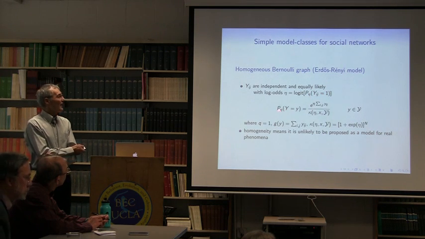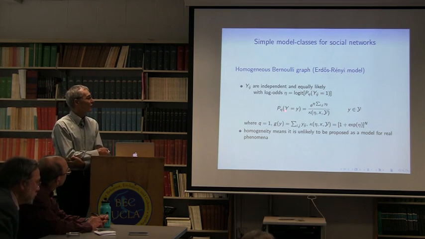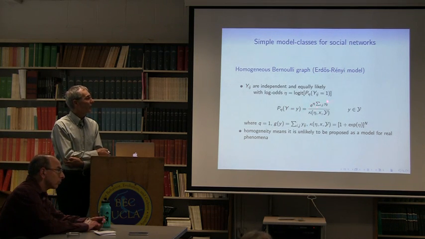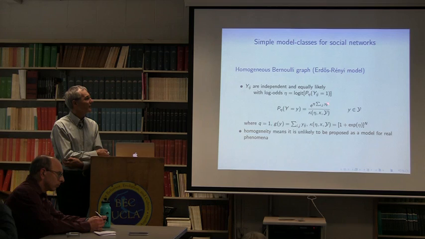So then we can just write down with one line of algebra to show that the probability distribution of y doesn't depend upon covariates here, but it's just e to the eta times this statistic here, which is just a sum over y, i.e. the sum of the possible ties, and the number of ties involved. So we can then reduce this network model down to just one univariate statistic, which is just the total number of ties.